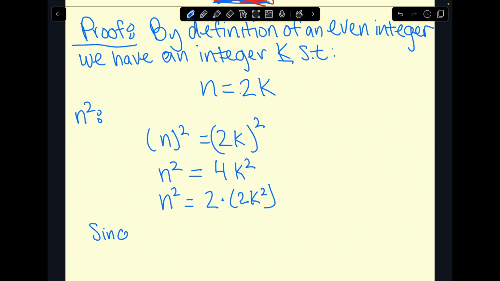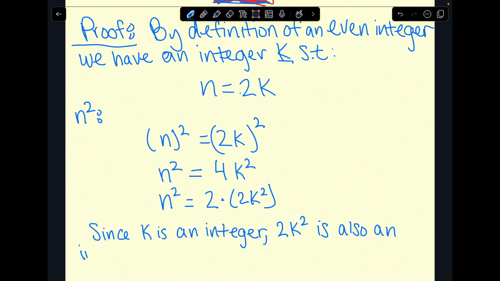Since k is an integer, 2 times k squared is also an integer.